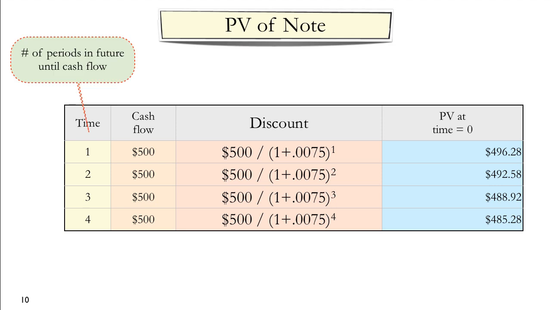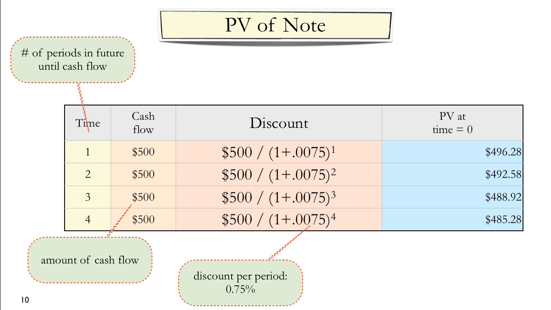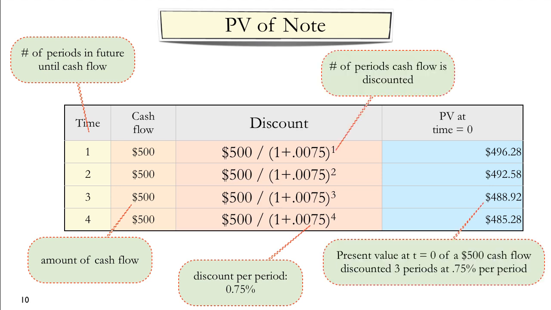So the table would consist of time, the amount of the cash flow at each time period, the discount, where the discount is the payment reduced by a present value factor, and the present value factor is based on the discount per period, which in this case is 0.75% per month, and the number of time periods. And then finally, in the fourth column, you can see the present value.